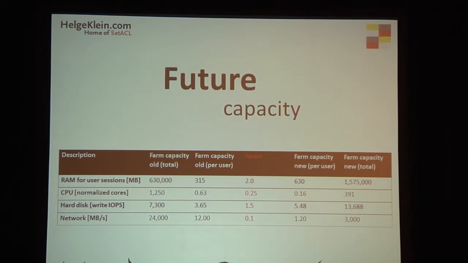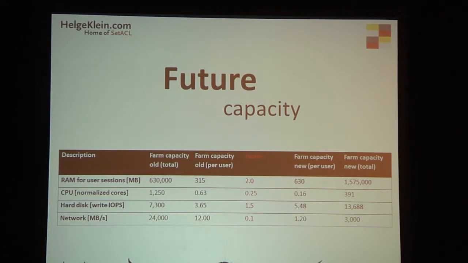So I would say a little bit more hard disk performance, 50% more, shouldn't hurt. And the last thing, network, there's so much overcapacity that 10% of the existing capacity should be enough in the future. Now, with these factors, I have everything in place to calculate the capacity of a new farm.